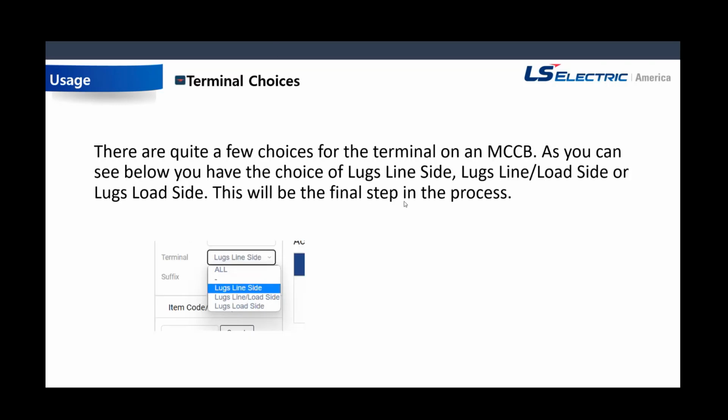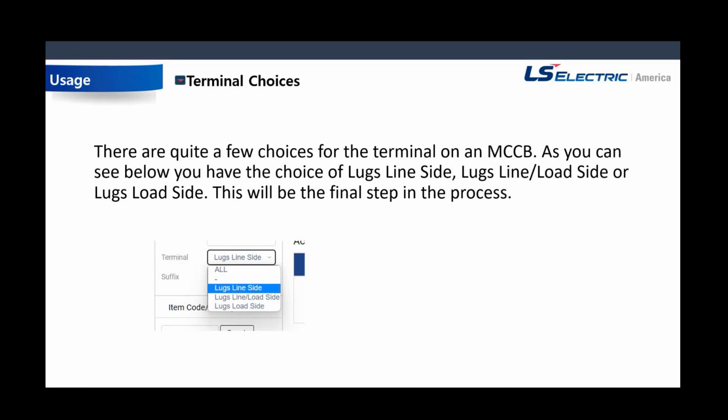So there are quite a few choices on the terminal with the MCCB as well. There's lugs line side, lugs line load side, or lugs load side. And again, this will differ per case, but knowing that will make sure that you have the correct item.